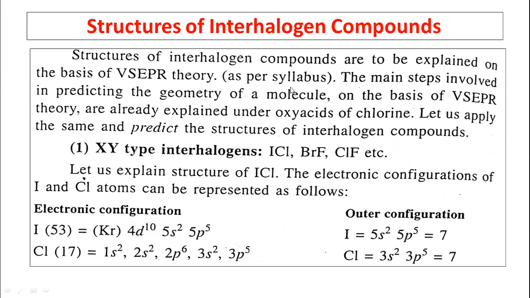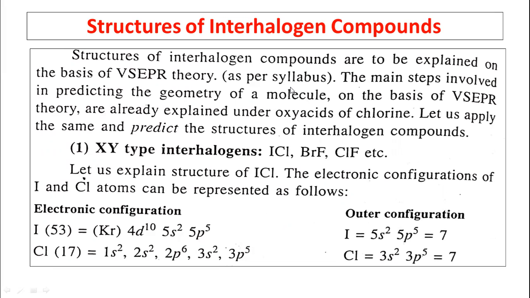So that same concept is now applicable to interhalogen compounds. The structure of interhalogen compounds is also explained on the same concept, valence shell electron pair repulsion theory. So let us apply VSEPR theory to predict the structure of interhalogen compounds.